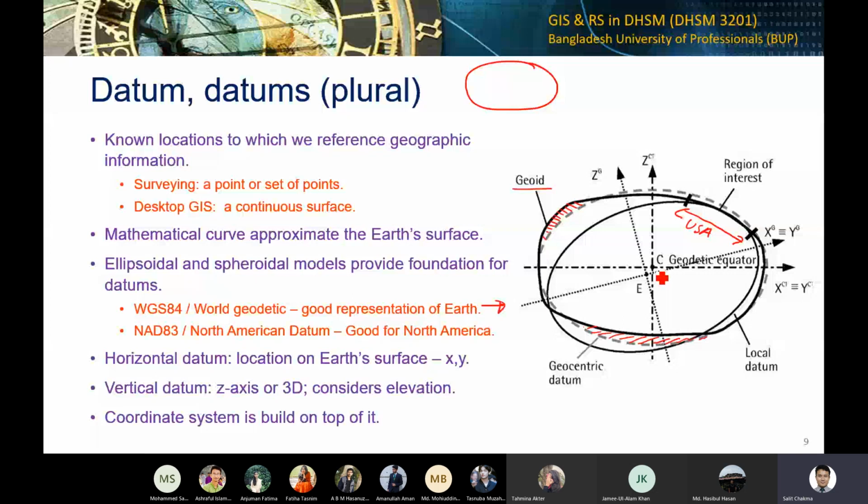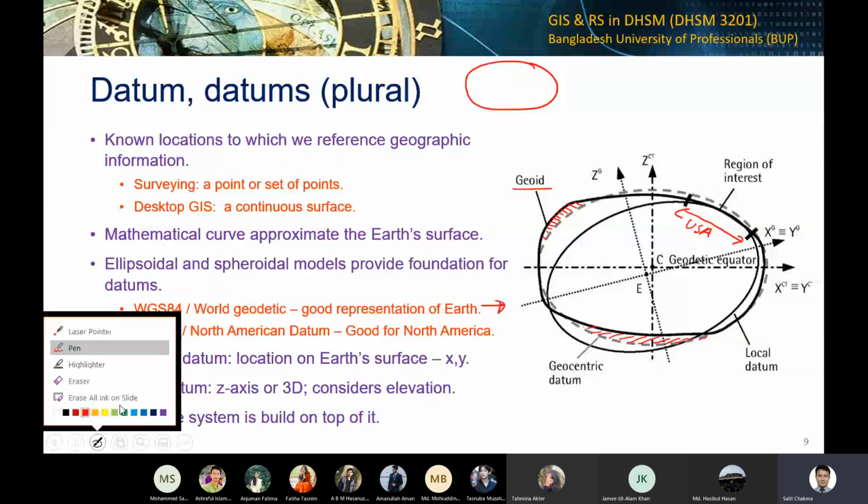Since the center of this ellipsoid moves away from the center of Earth, except for this region of interest, at other points this local datum, or the spheroid that was created to match the surface of the geoid at the region of interest, does not match the rest of the surface of Earth.